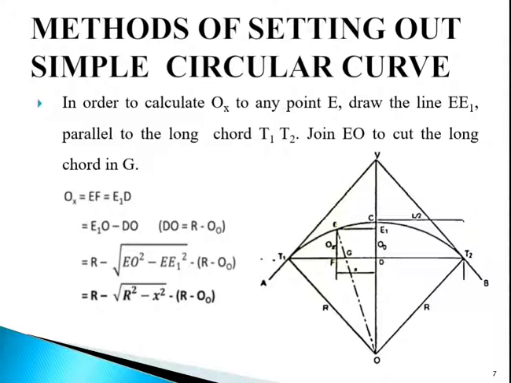So the final equation will be R minus the square root of R square minus X square, minus the bracket R minus O0, which is the required equation we get after the procedure. So this is the first method.